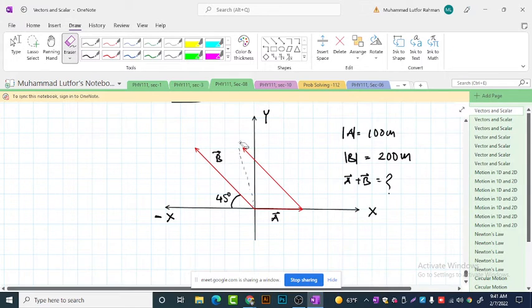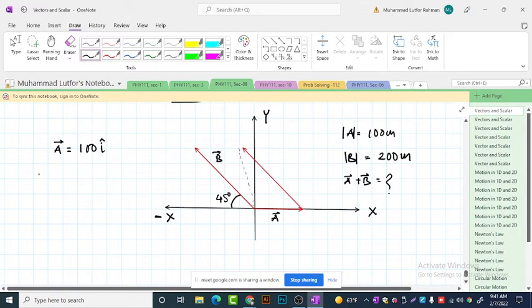Let's see what we find out mathematically. To find that out mathematically, basically I have to express the vectors in terms of unit vectors. So this is vector A. I can write it as 100 i hat, right? I just express that in terms of unit vectors i and j.